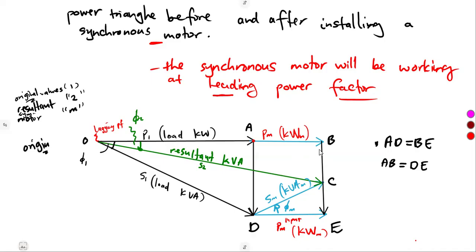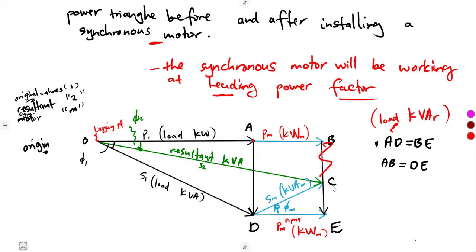So it is the same thing as what we have from B to C. As long as you have your AD, which is your load kilovolt ampere reactive, you are having BE at the same time. It is important for you to note that.